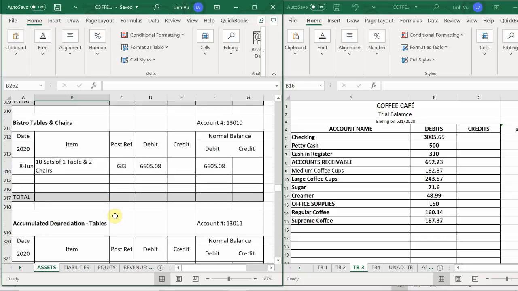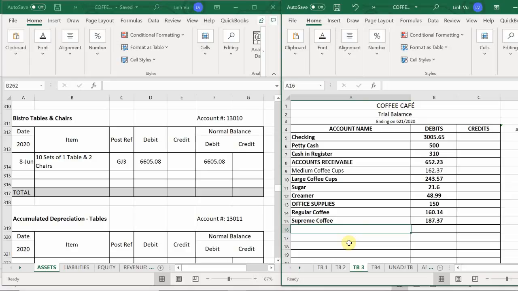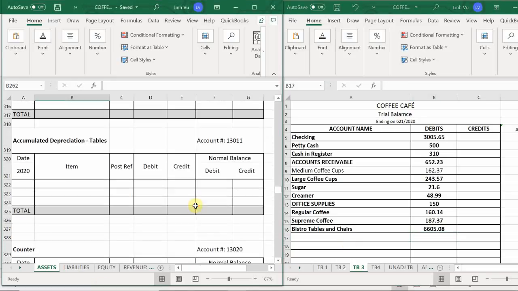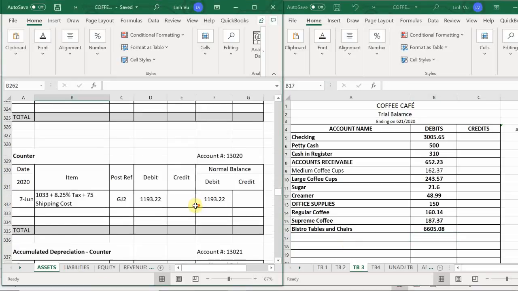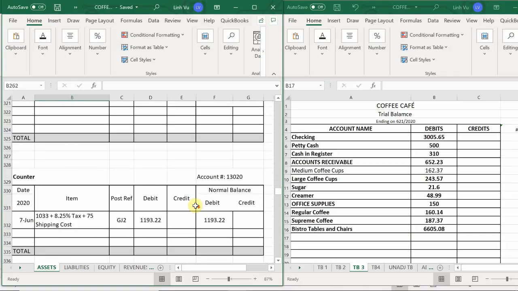Then furniture. So we have bistro tables and chairs, for a grand total of 660508. Good. We have no accumulated depreciation yet.